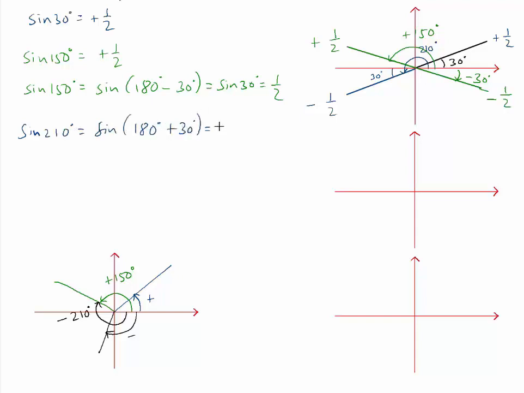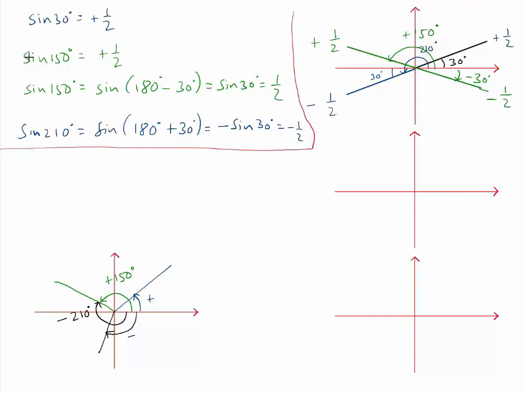Now using the table this would come out to be minus sine 30 degrees, so that would be equal to minus half. So what it means is we can always do it the algebraic way, but the graphical way is fast using the quadrants. Now this was the case for the sine.